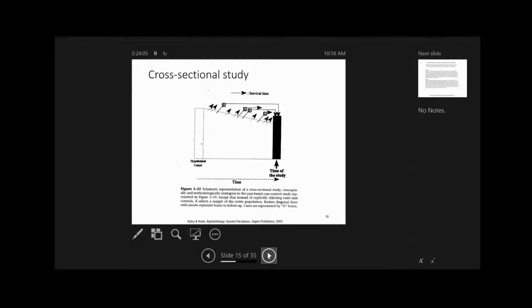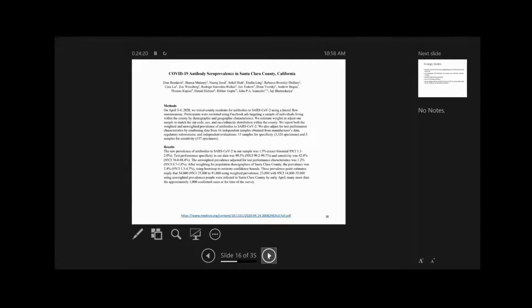Now, a cross-sectional study is a relatively weak design. It is perfectly fine to do a cross-sectional study if you really want to get at descriptive epidemiology, right? For example, the Santa Clara County study, and I'm going to give you an example now, right? Seroprevalence of COVID-19 antibodies in Santa Clara County in California, okay?